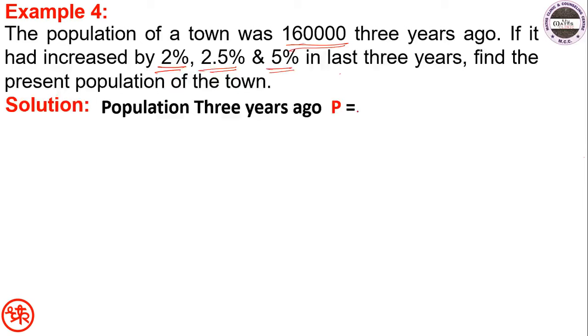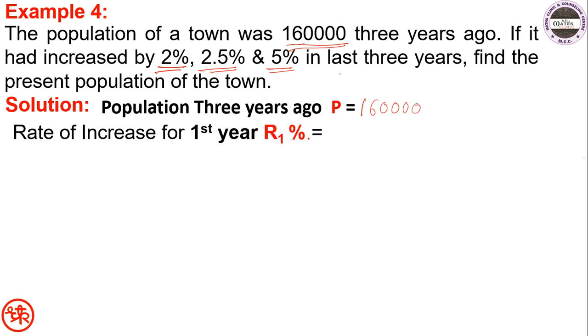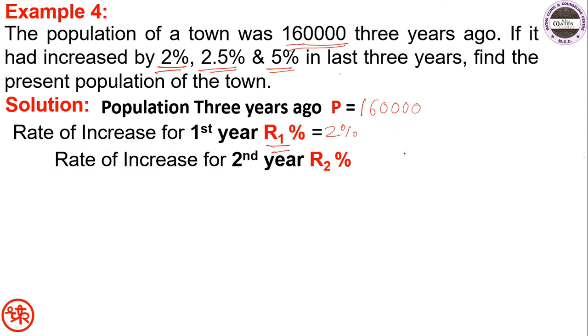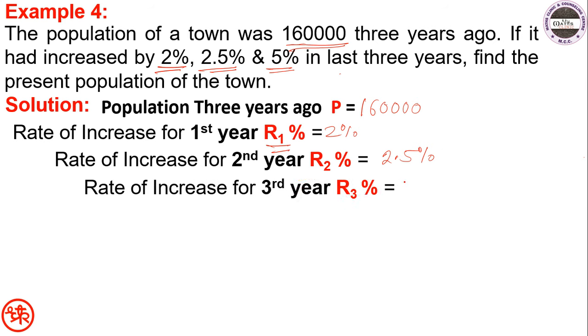The population 3 years ago is 1,60,000. Is that clear? Rate of increase first year 2%, this is R1. Rate of increase second year, that is R2, is 2.5%. Then rate of increase third year, R3, is 5%.